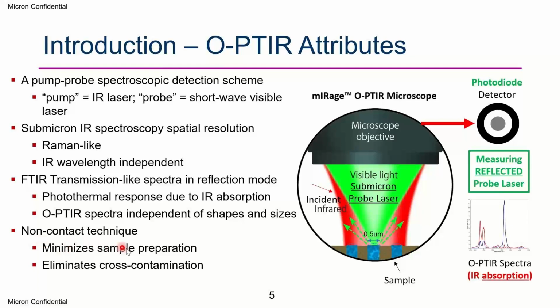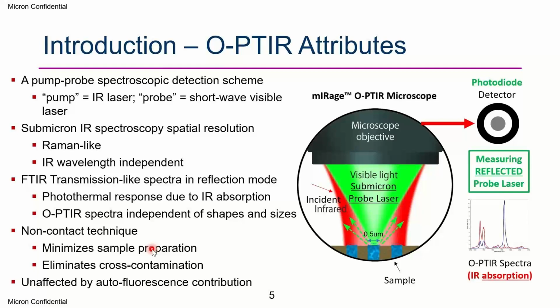Whereas this OPTR is non-contact, no matter how many times you analyze the sample, it will not have any Raman burning mark or FTIR contact-induced contamination causing the sample to need to be re-prepared again. No more contamination, no more artifact contamination.